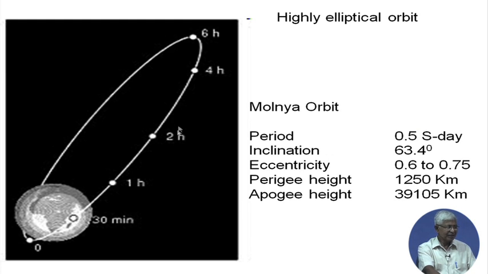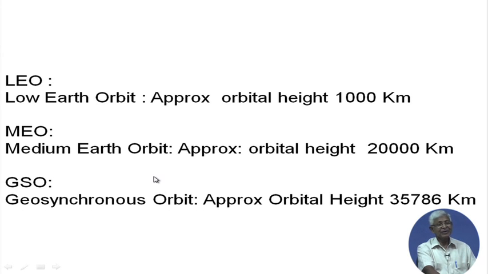So, there are some satellites which are used in highly elliptical orbit. Its purpose is different. We will concentrate on our Indian purpose. Now, there are other orbits also. Approximately it is defined that low Earth orbit is at an approximate height of 1000 kilometers. There is no strict boundary, it does not have to be exactly so.